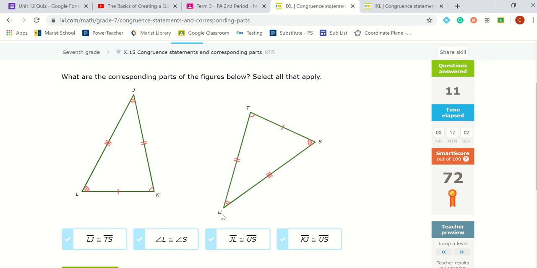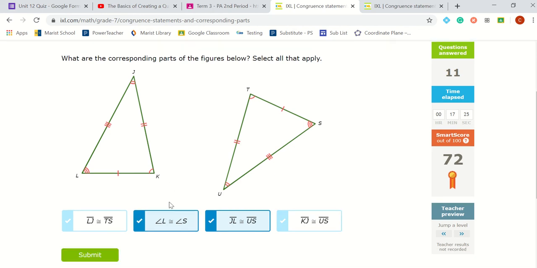Angle S is 3 arcs. Those are congruent. JL is 3 arcs. US is 3 arcs. Those are congruent. KJ is 2 tick marks. US is 3 tick marks, not congruent.